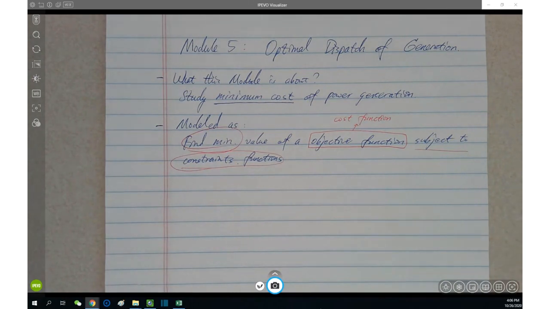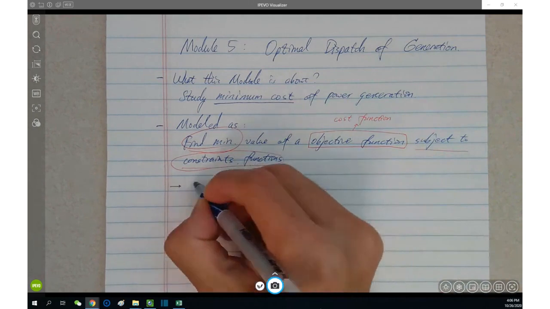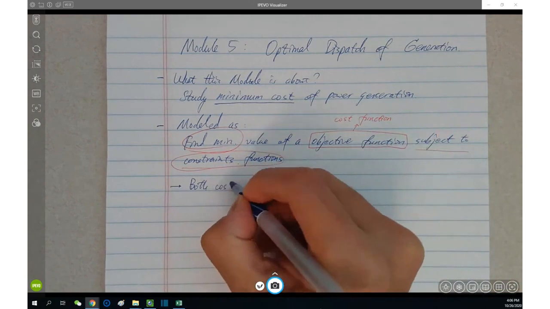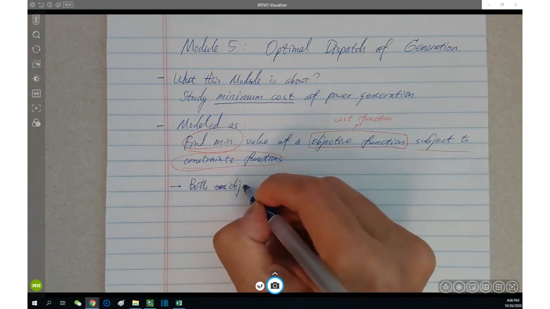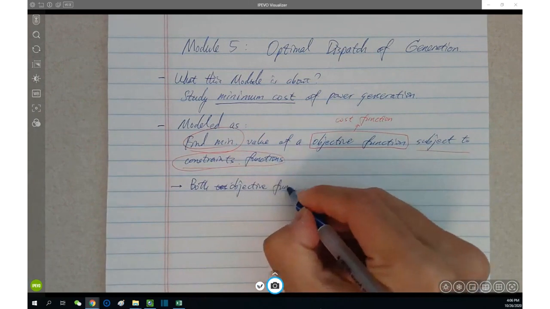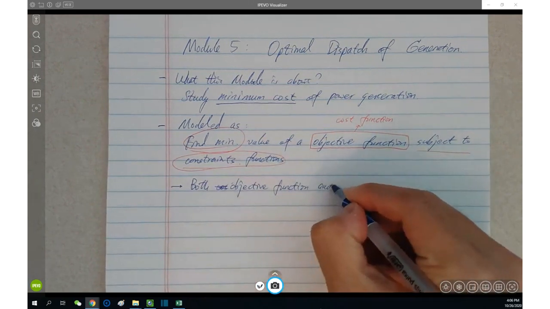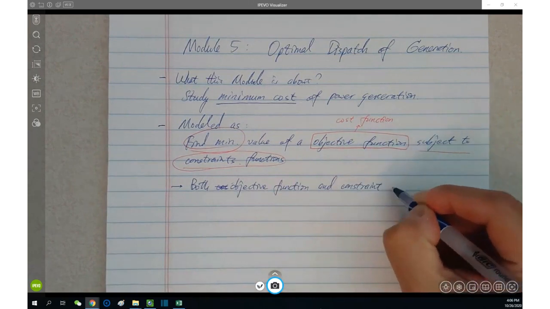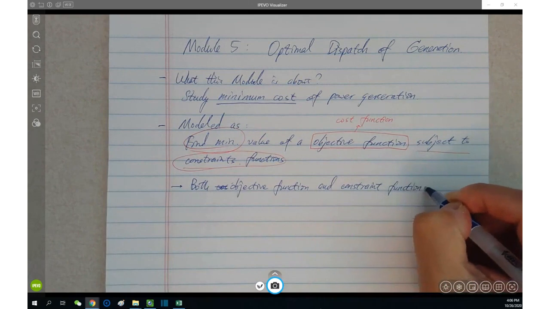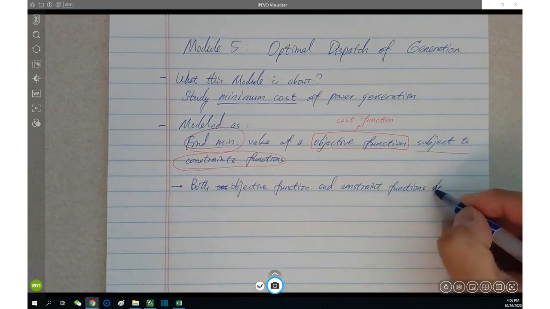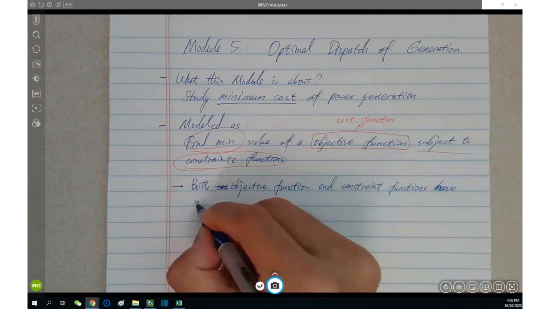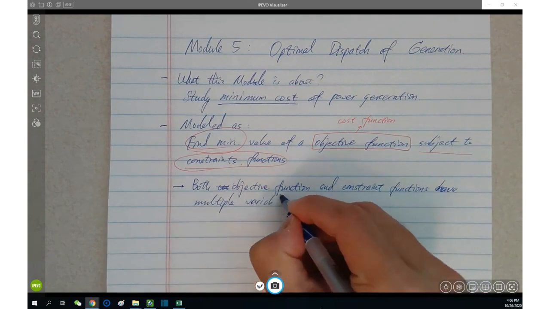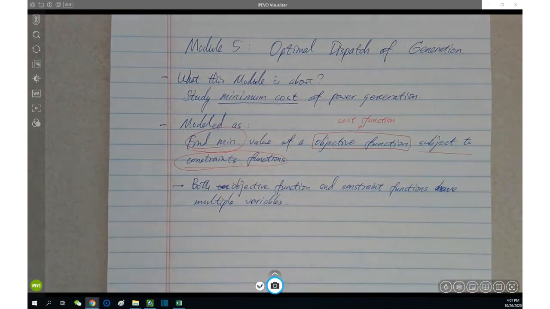And of course, both the objective function and constraint functions have multiple variables, like this.